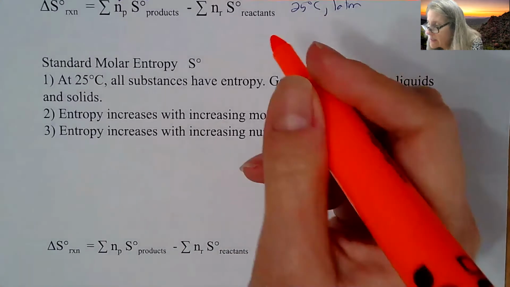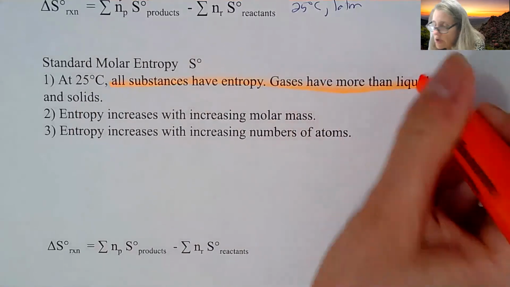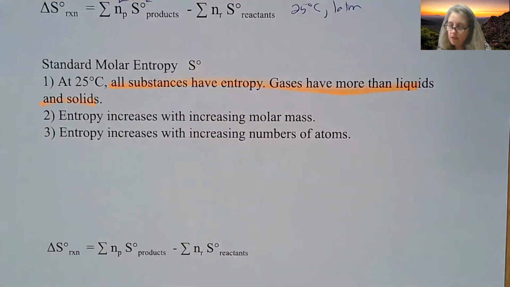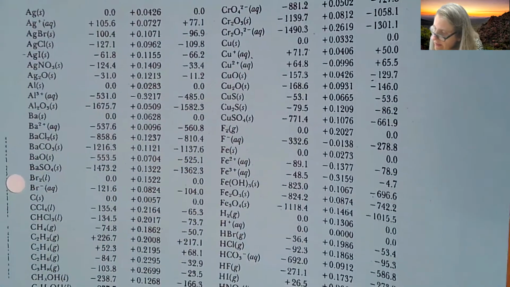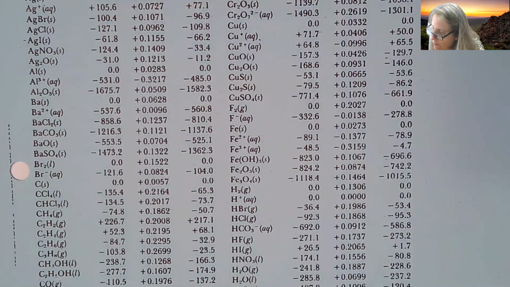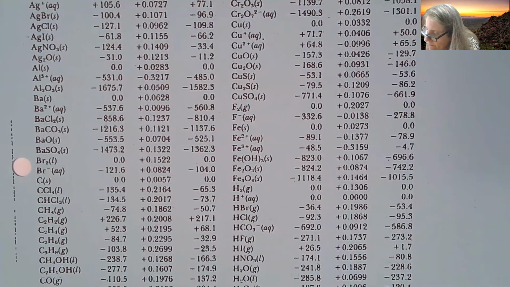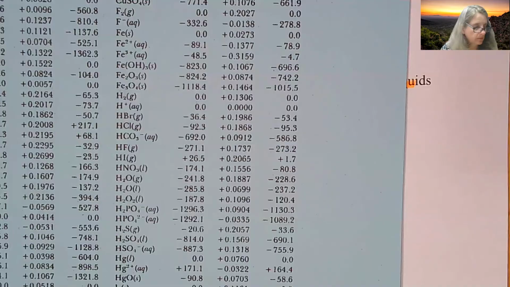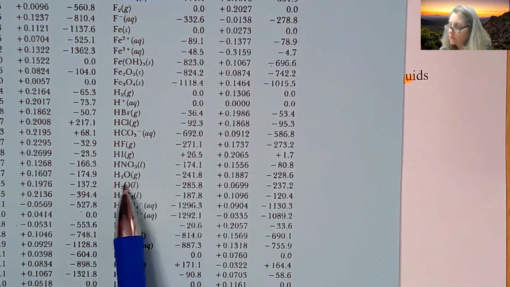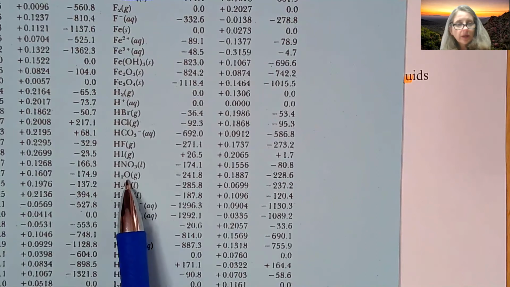Gases have more than solids or liquids. So you could actually look at this table and you can see things at different states. If you go to the second group of chemicals over here on the right, find water as a gas, water as a liquid.